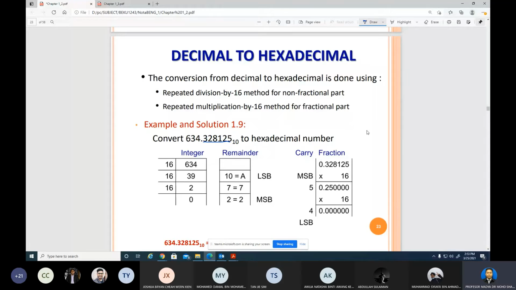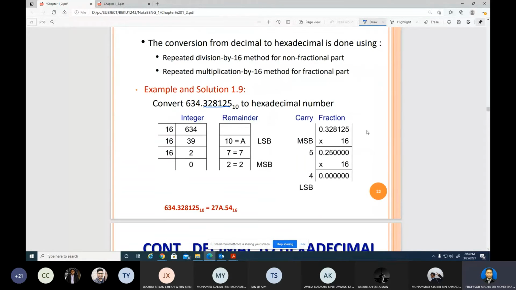That's why you have to make sure you have your calculator beside you, so you can try the same with me. You can also try to prove whether the answer is correct or not. Maybe there is some typo in our slide, so you have to follow me and check. You have to use your calculator to double check the answer.